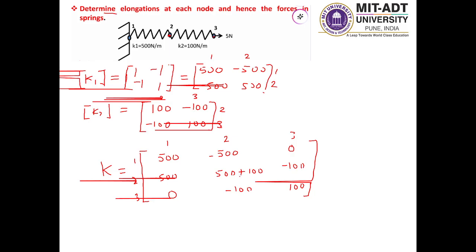After this I am going to define the matrix, like K matrix into Q matrix will give you F matrix, right? So here K is stiffness value, Q is displacement or deflection at the particular node.